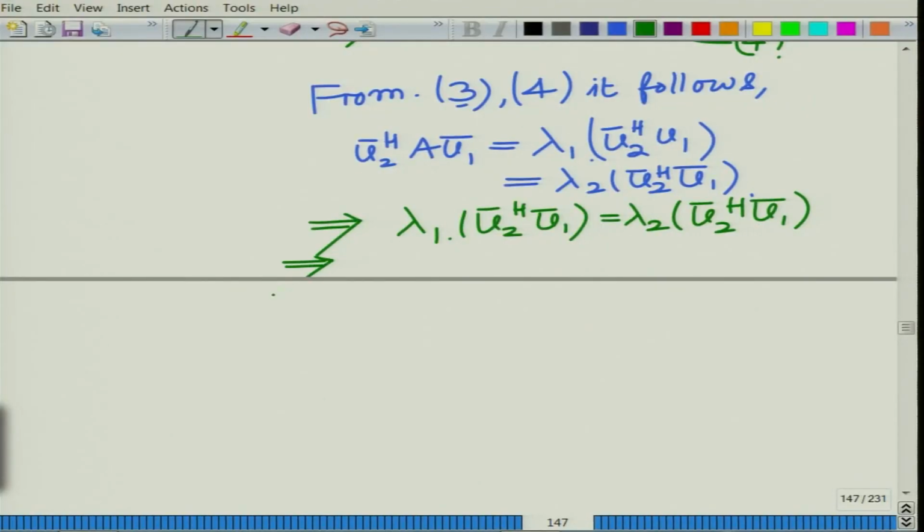Therefore, this is only possible when u2 bar Hermitian u1 bar is equal to 0, since lambda 1 is not equal to lambda 2.